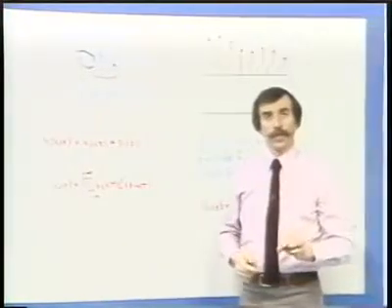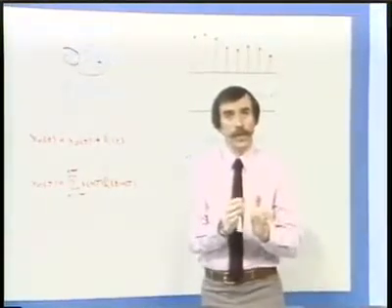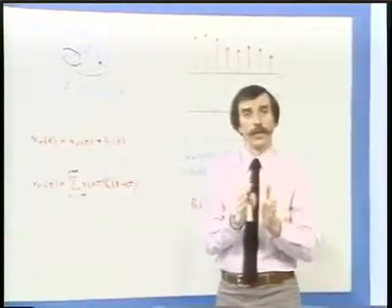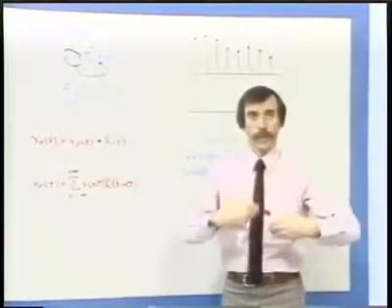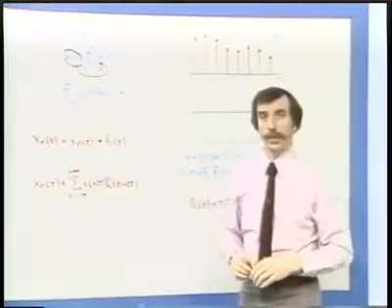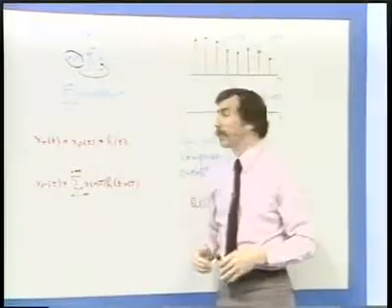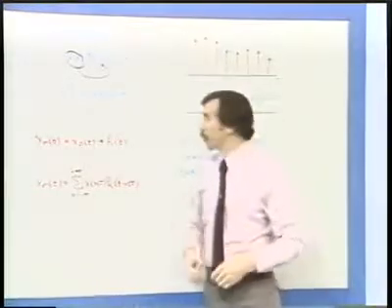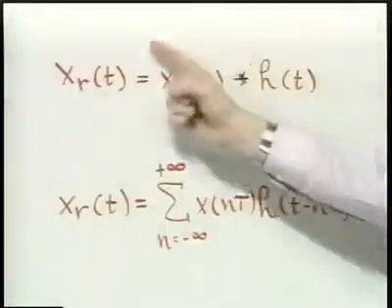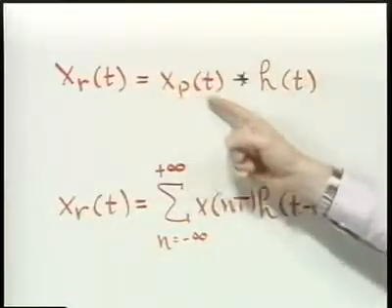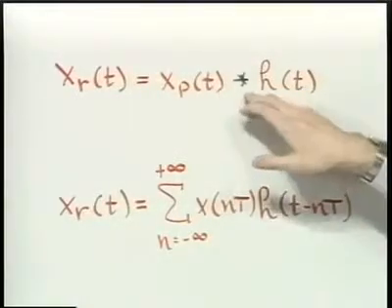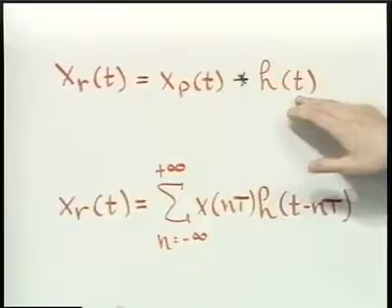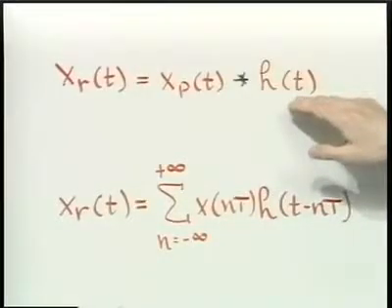Now, in the reconstruction, we process that impulse train with a low-pass filter. That's the basic notion of the reconstruction. In the time domain, the reconstructed signal is related to the impulse train of samples through a convolution with the filter impulse response.